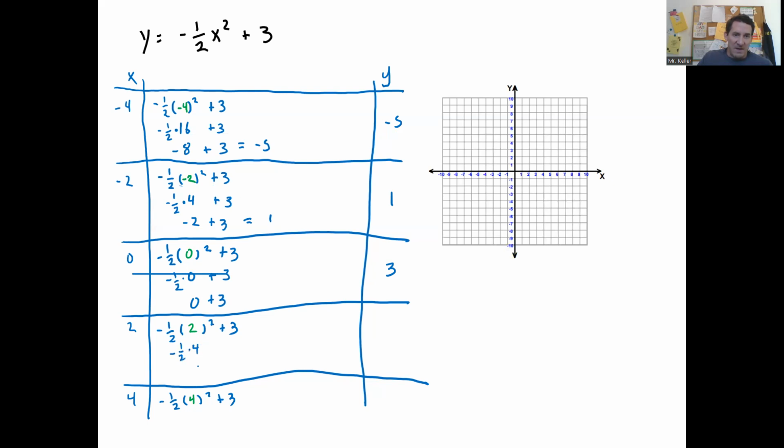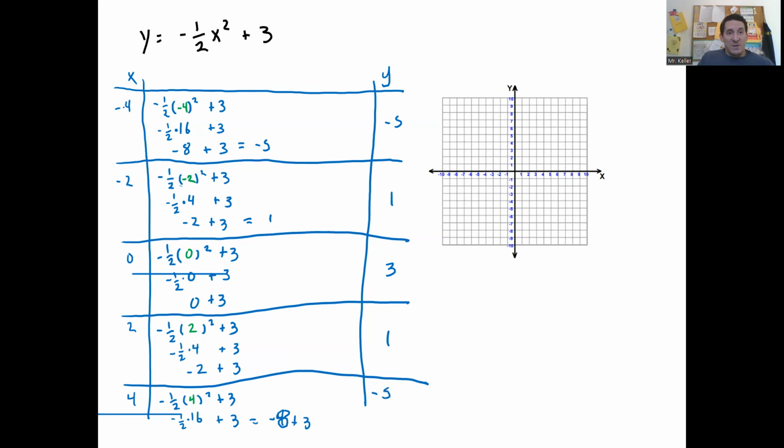So we get negative 1/2 times 4 is negative 2, plus 3 is a positive 1. And then 4 squared is 16. So negative 1/2 times 16 is negative 8, plus 3 is negative 5.